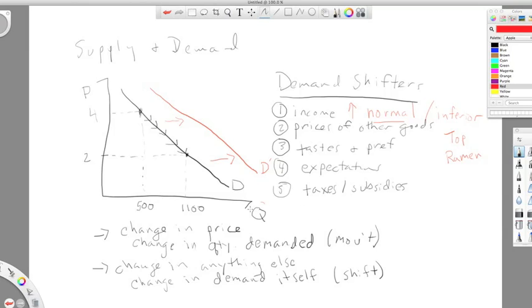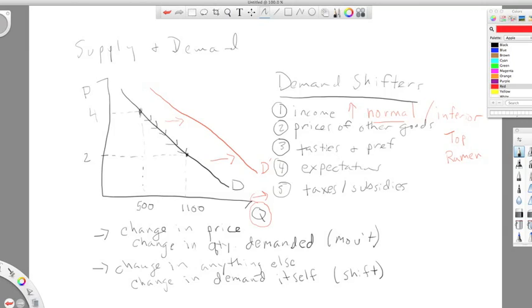Now it's important to remember that quantity is what's being measured on the horizontal axis, and so increases and decreases in quantity demanded, in demand itself in this case because we're shifting the whole curve, are represented by left-right movements. So when we say that demand increases, we mean that it shifts to the right as opposed to shifting up. And that would be true for a change in income. For a normal good, if income goes up, the demand curve is going to shift to the right.